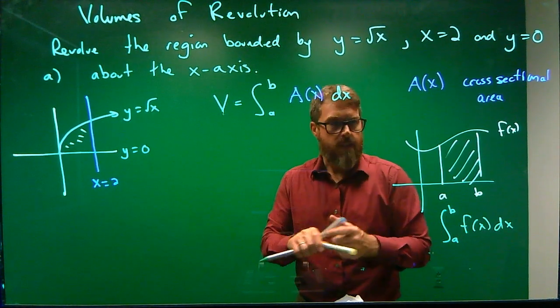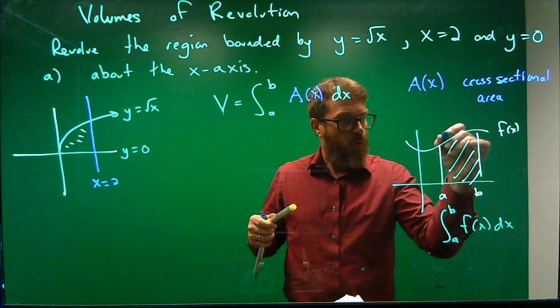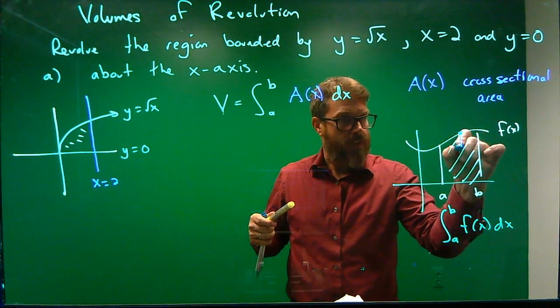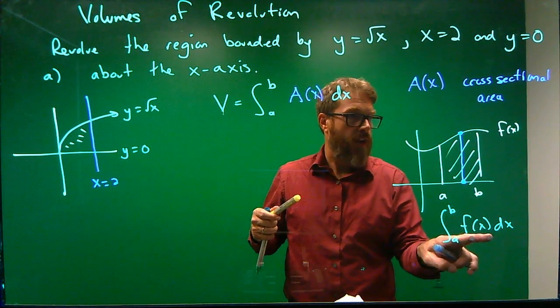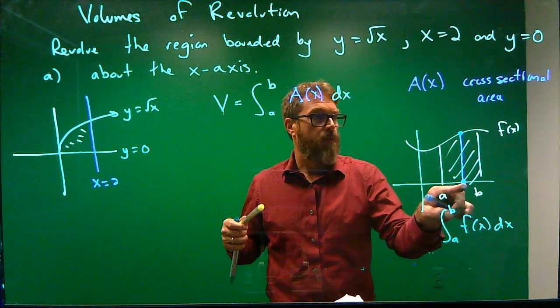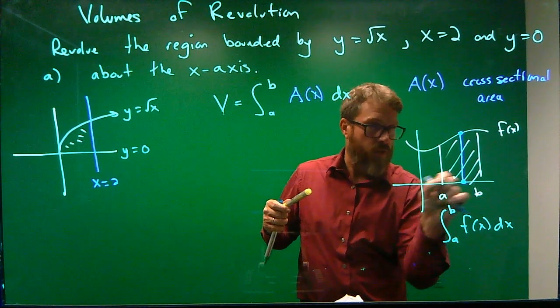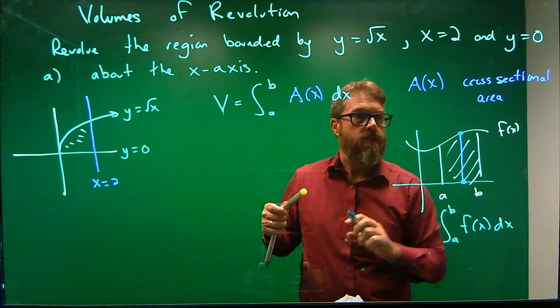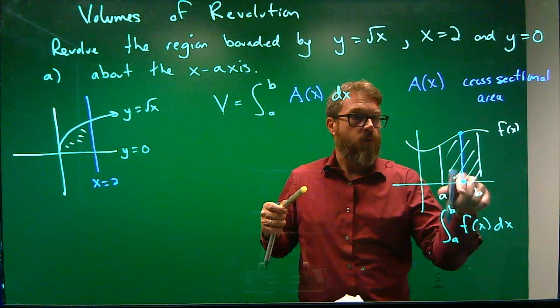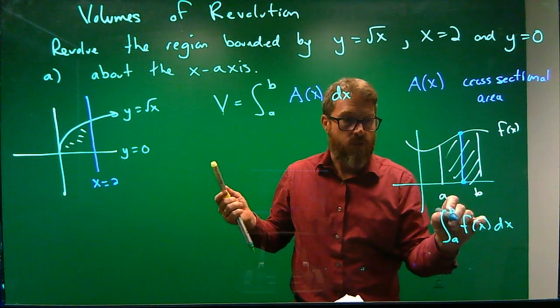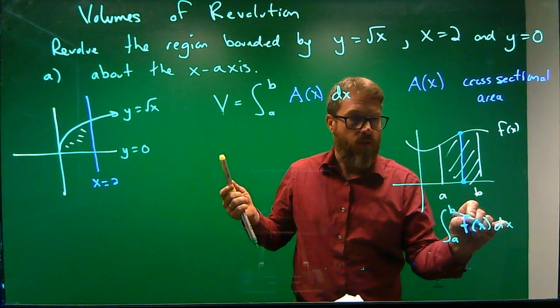And the reason this is the case is that if you look at the cross-sectional region, if I slice this, this slice is essentially the height, and then this blue thing is your dx, or really your width. So you're adding up all these slices. That's why this is f of x minus 0, which really comes down to the cross section. So in this case, f of x is our cross section.